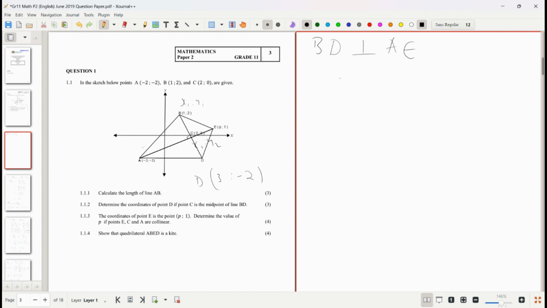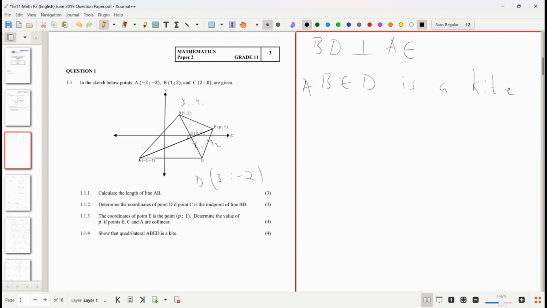So you can conclude that ABED is a kite. Why? Because the product of the gradients of BD or BC and AC equals negative 1. So they are perpendicular.